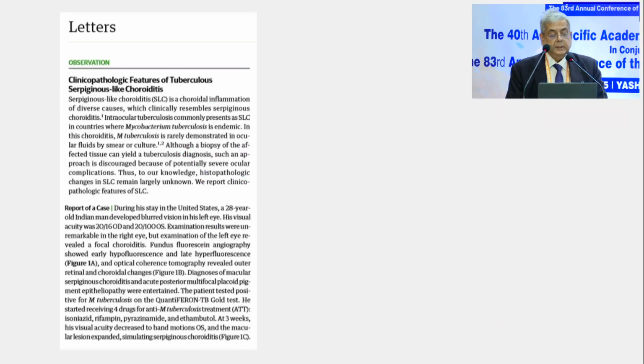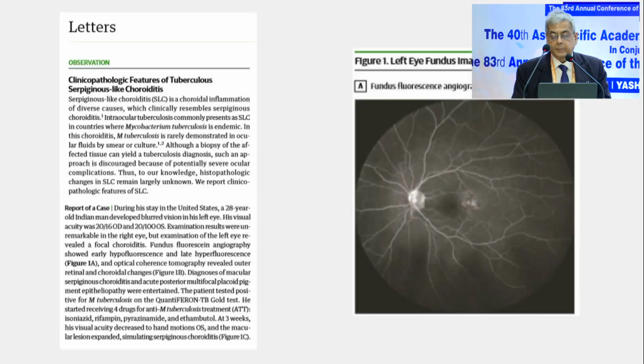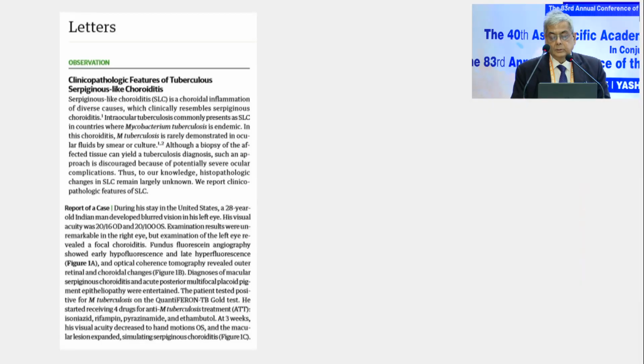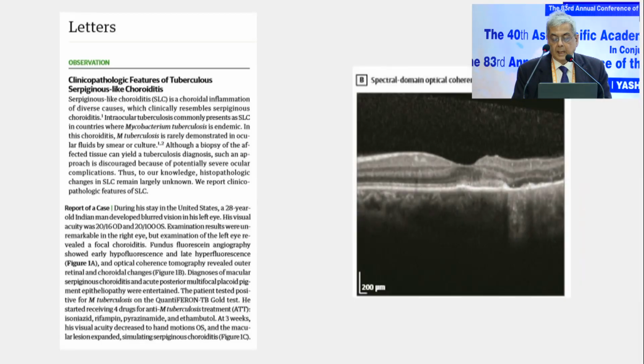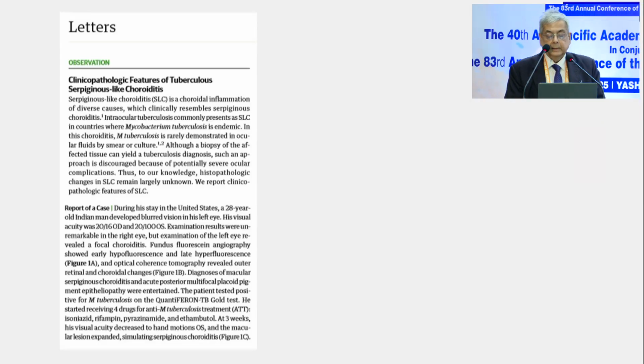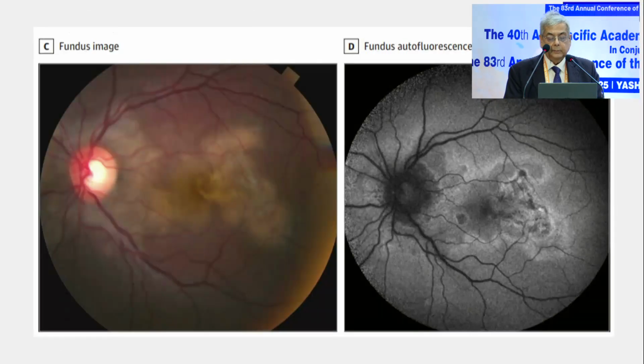And this is a case of tuberculous serpiginous choroiditis published by Padma Malini and Dr. Narsing Rao. The patient has a typical fluorescein angiogram picture of serpiginous choroiditis, and OCT findings show a subretinal scar. Here are the fundus photography, fluorescein angiogram and autofluorescence, very characteristic of serpiginous choroiditis.